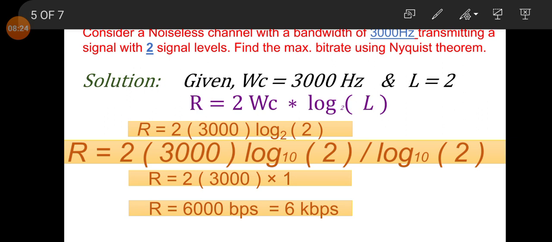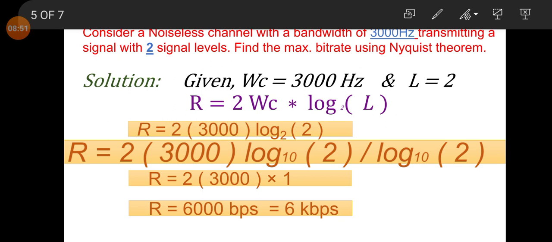With base 10 logarithmic values we can directly get them from scientific calculators as well as logarithmic tables. With base 2 values we can't get them. Understood? Because of that, we are converting log to the base 2 into log to the base 10.